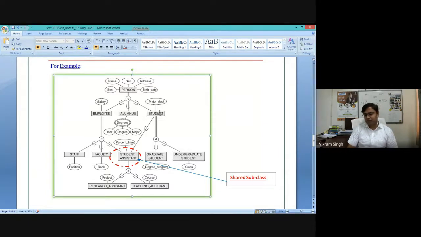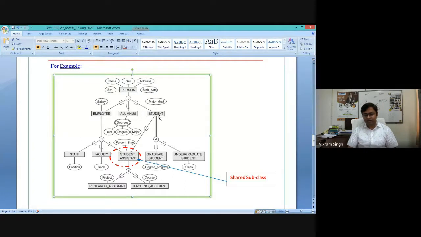Like our MTech student can assist a faculty to conduct the exams of BTech students, something like that. So this student who is currently a PG student, or maybe an MTech student, will get some kind of scholarship, some kind of financial assistance to perform duties like assisting a faculty. So that's why it is a shared subclass, shared between employee and student, right?